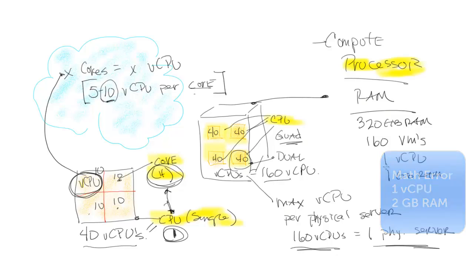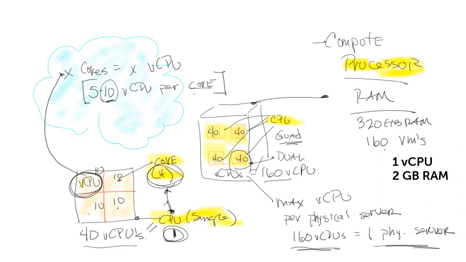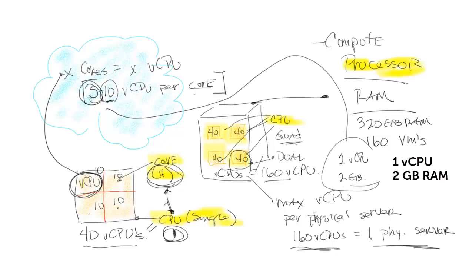So it's pretty simple math, right? If I wanted 2 virtual CPUs as my base for this physical box, I would say 2 virtual CPUs with 2 gigs of RAM each. So now my count actually would be 5 virtual CPUs per core.